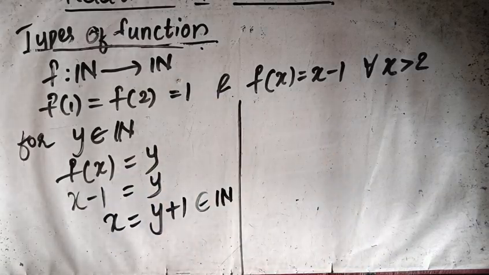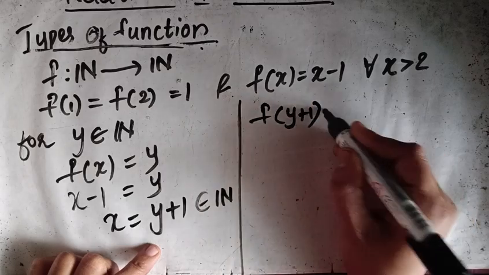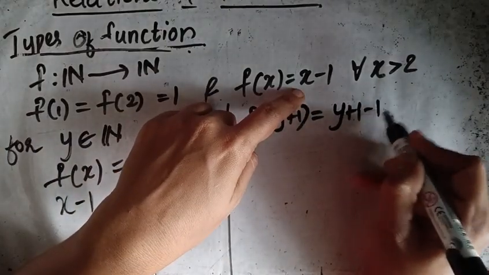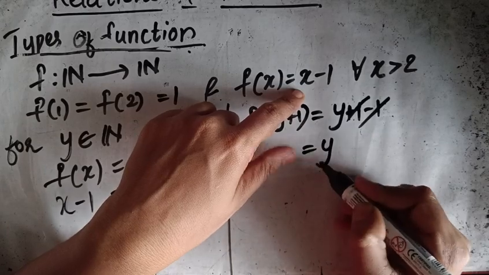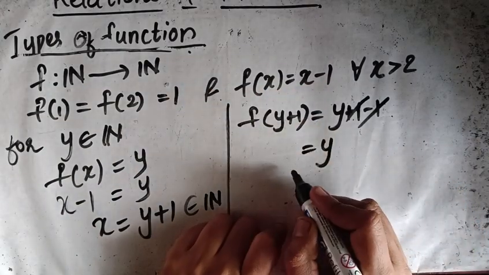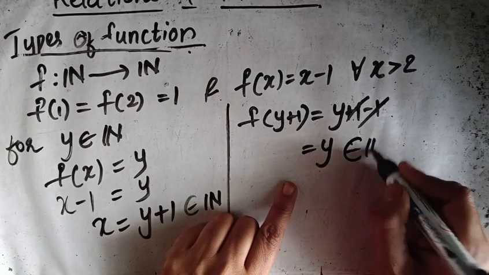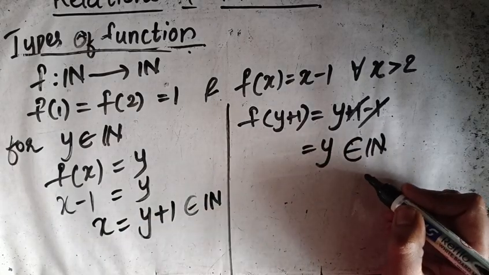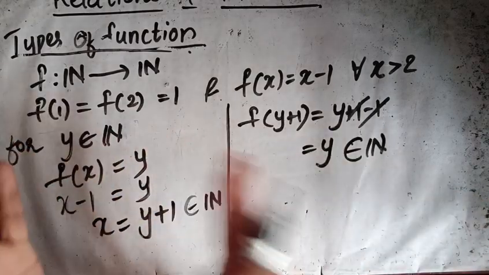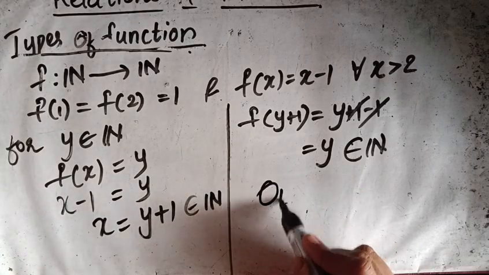So you can write that f of y plus 1 is, you put it in your function, y plus 1 minus 1. So this is y. Or you can show the diagram and say that it is onto.